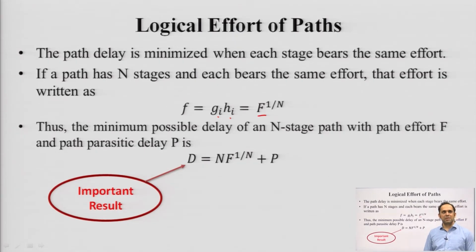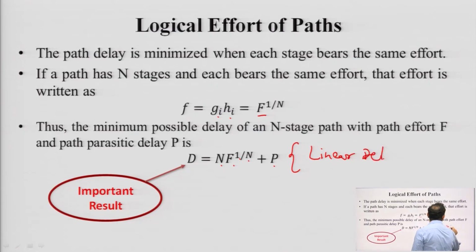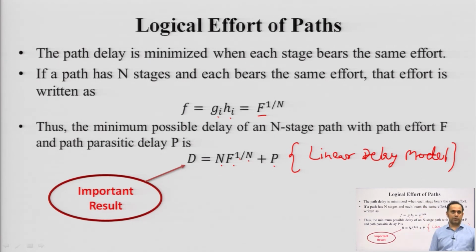Thus, if you want to minimize this expression, okay, so d equal to n f^(1/n) plus p, this is your linear delay model. This is the extension of your linear delay model, right.